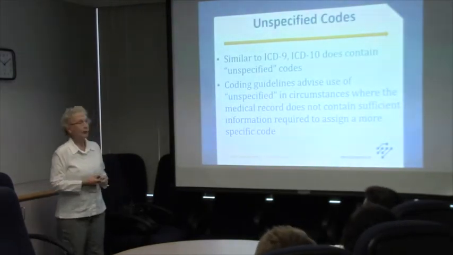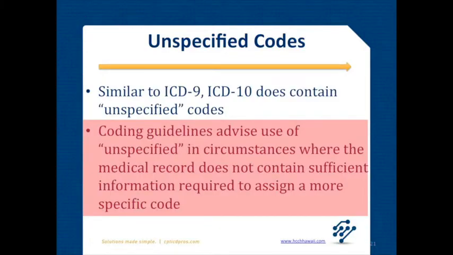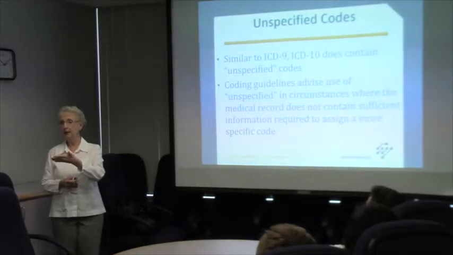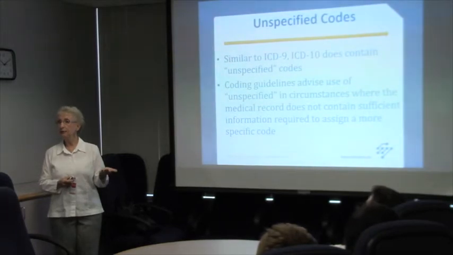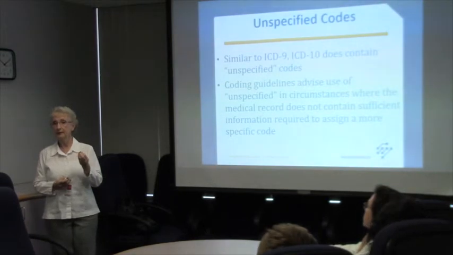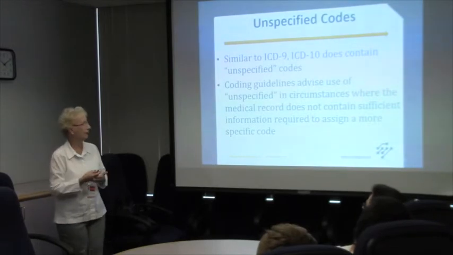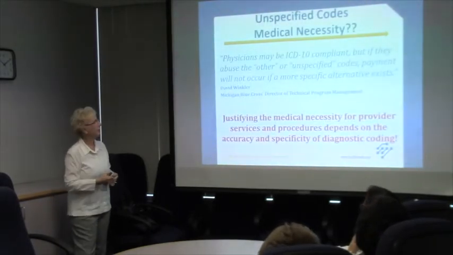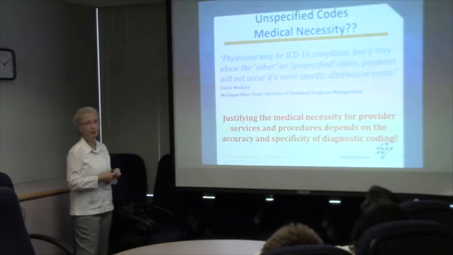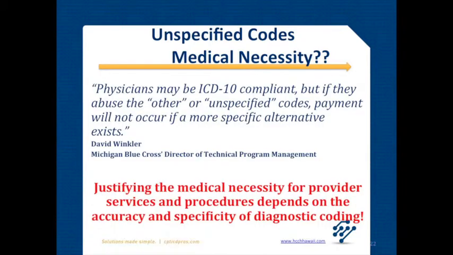Okay, so coding guidelines say you can use unspecified as long as that's the only information you have. But once you have more information and you know that it's the right ear or the left eyeball or the right knee, then you must report those codes. That's coding guidelines. So I would think that system-wise, you would want to eventually get to that point as well. Here's a gentleman from Blue Cross of Michigan who said that physicians may be doing a great job with ICD-10.